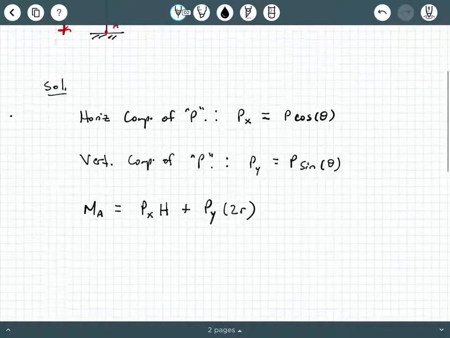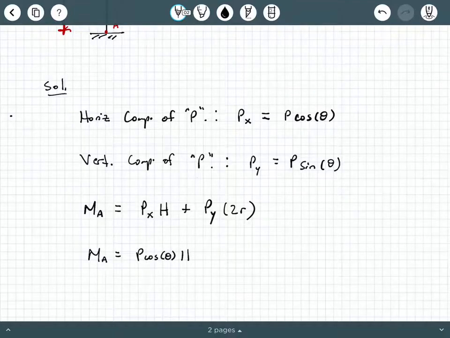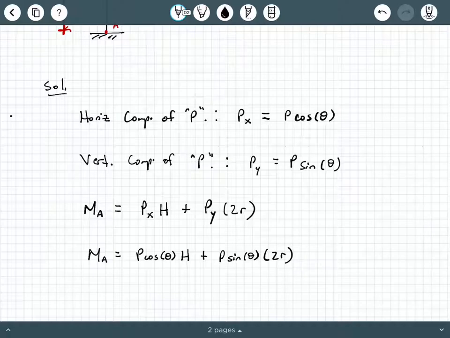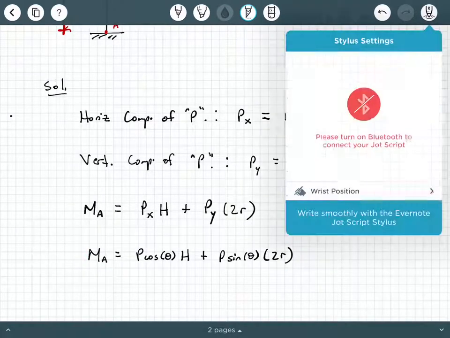Now, from here, we can substitute in our values for Px and Py. So we'll get M_A equals P cosine theta times h plus P sine theta times 2r. And that is our function, and that's what you would box in with a straight edge.